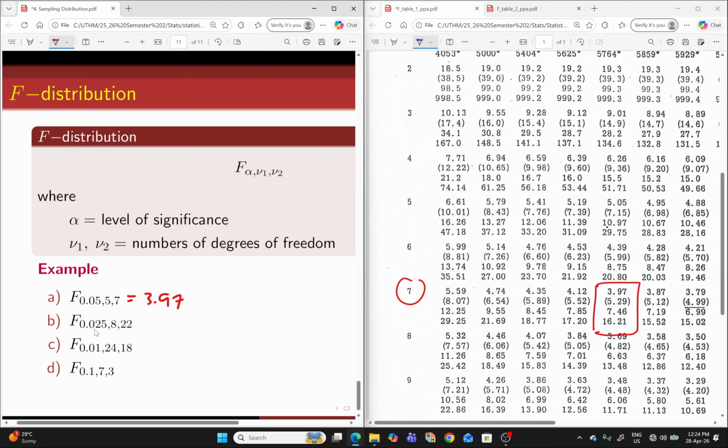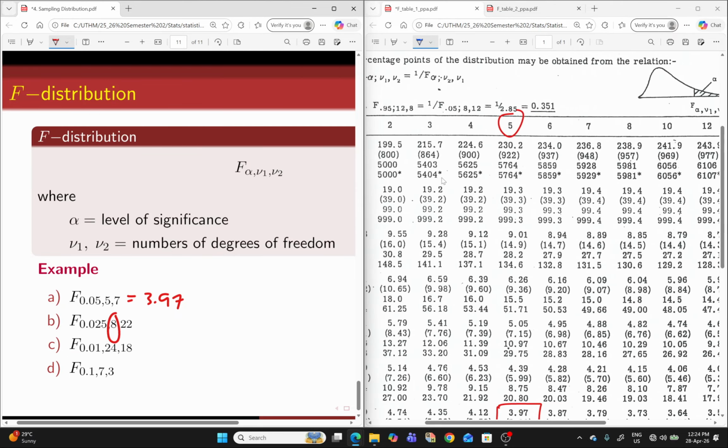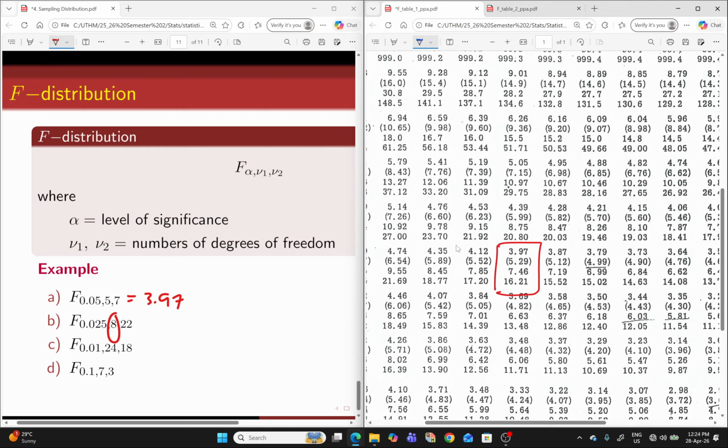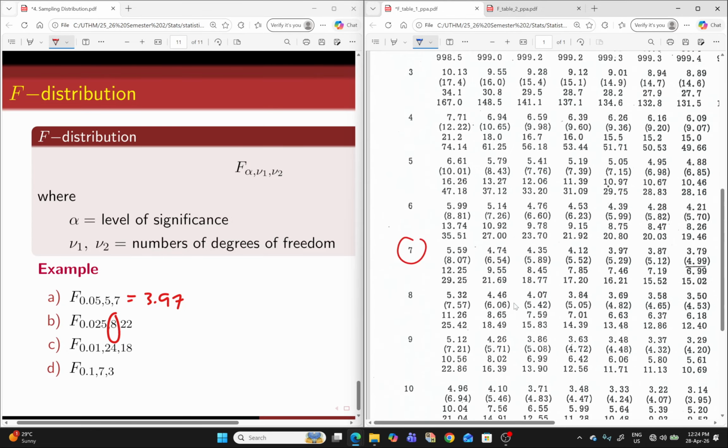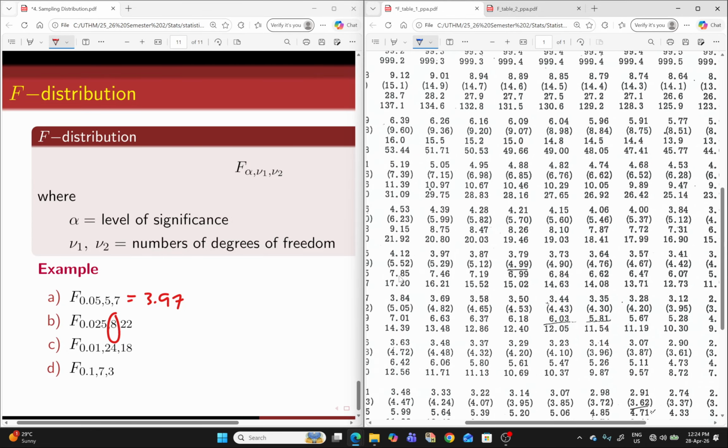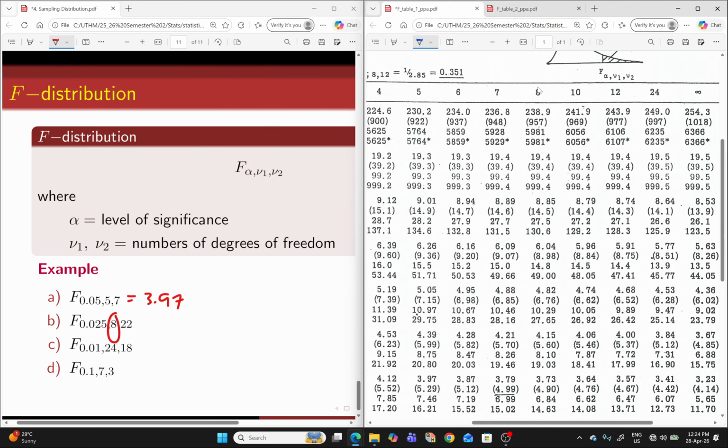Okay. Alright. Can you understand? Now, let us do number 2 here. 8 and 22. So 8 is somewhere here. And 22.